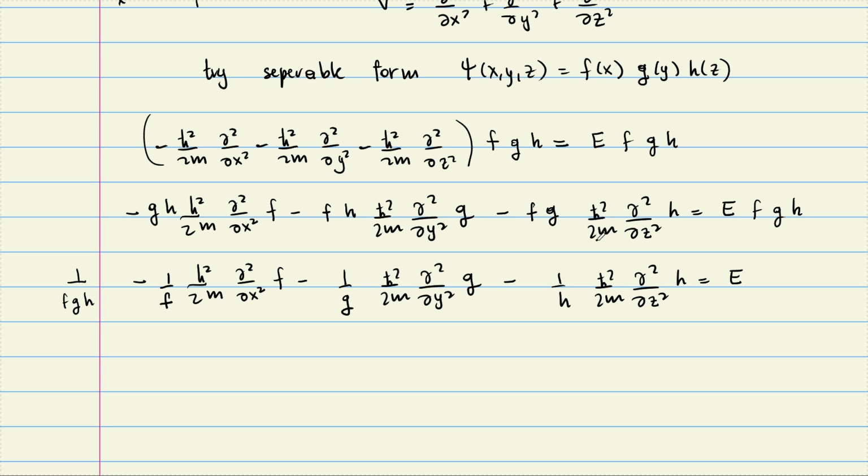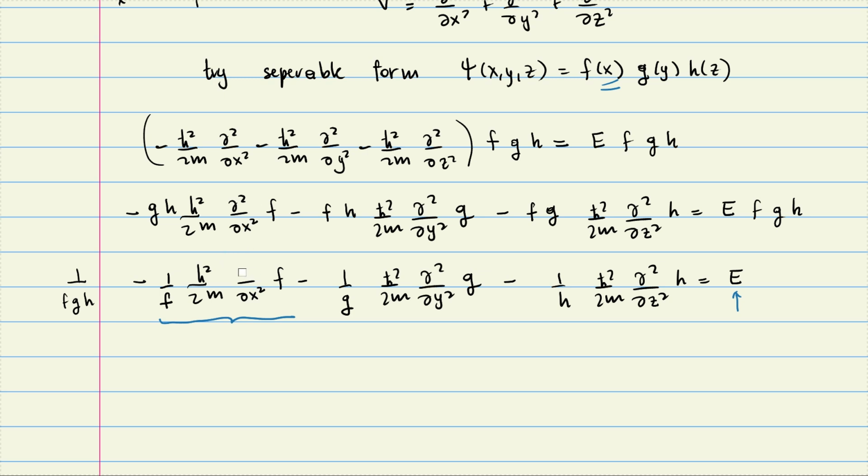Let's see how. First of all, this is an energy. Energy is like an eigenvalue. It cannot have a coordinate dependence. It can be quantized, but it cannot be X, Y, or Z dependent. So I look at this equation. F is a function of X, that's what we said here, and this is an X derivative.